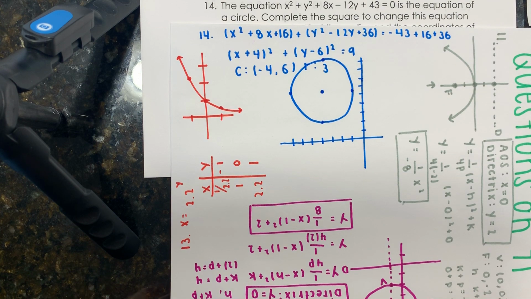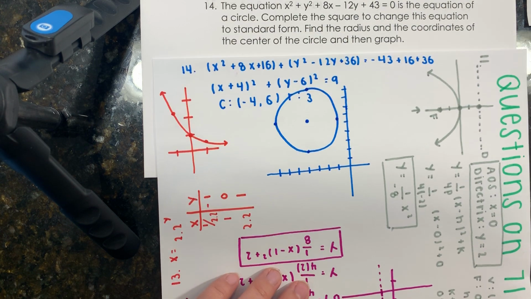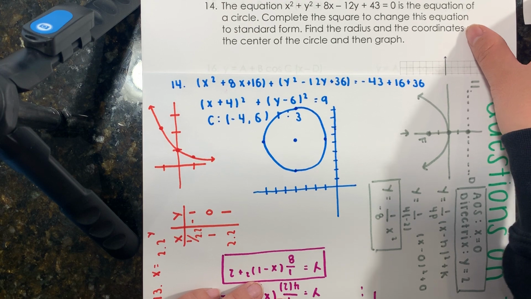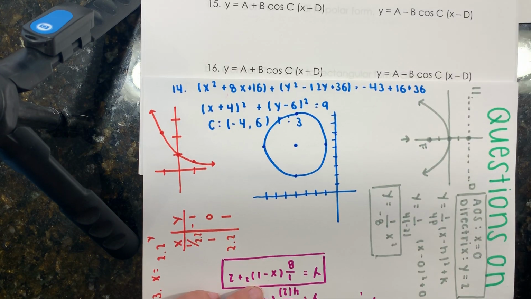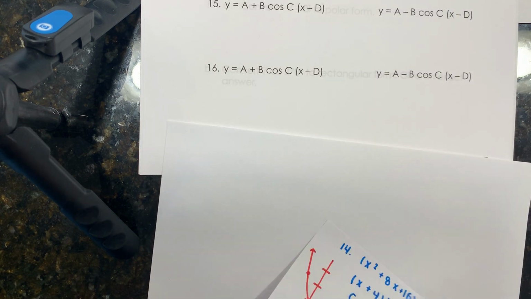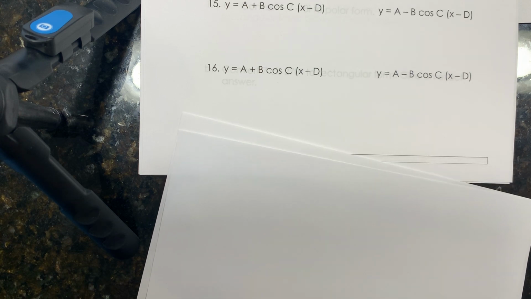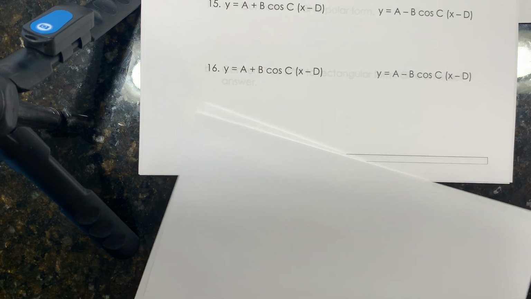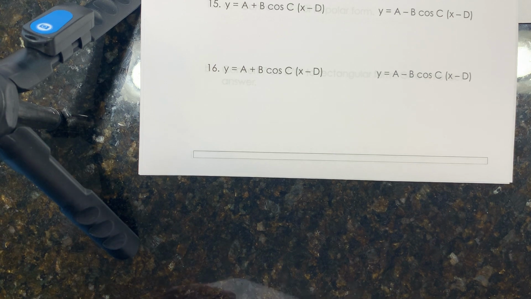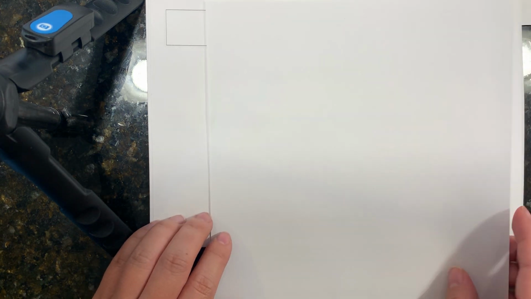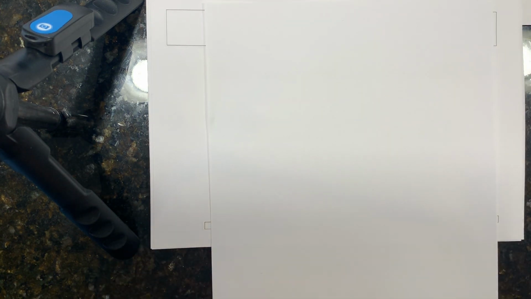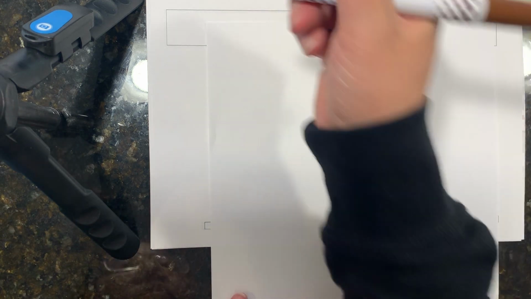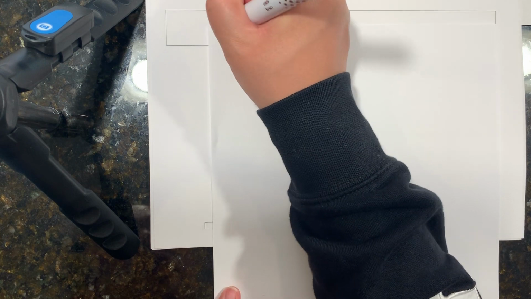So make sure you're not only completing the square to get the right equation, but you're also diagramming that as well. So now we're going to move on to number 15 and then number 16. And for both of these problems, we are going to be writing them as a cosine function. And I'm always going to go with probably a positive cosine function just because I like positive instead of negative.